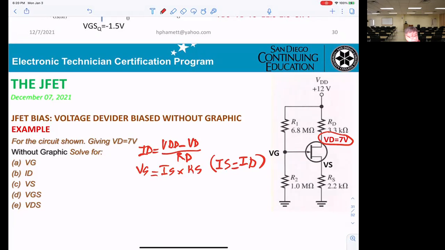VS will be measured from where to where? VS is from source to ground. So that's the only way you can do it. Take the IS times RS, correct?